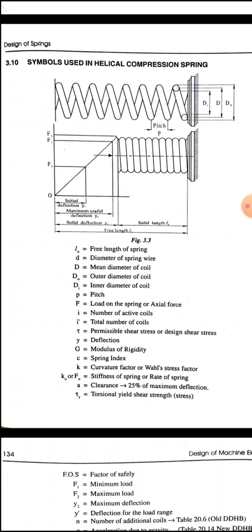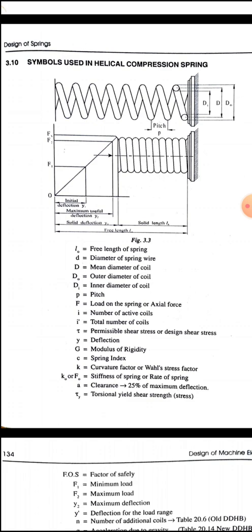F is the axial load on the spring. I is the number of active coils. I dash is the total number of coils. Tau is the permissible shear stress or design shear stress. Y is the deflection of the spring.